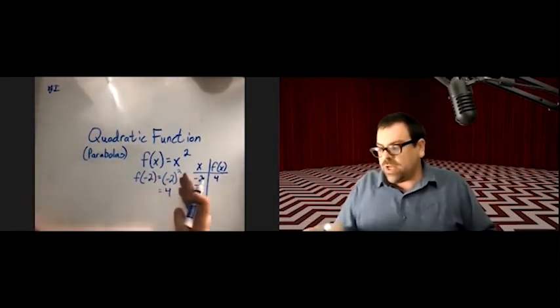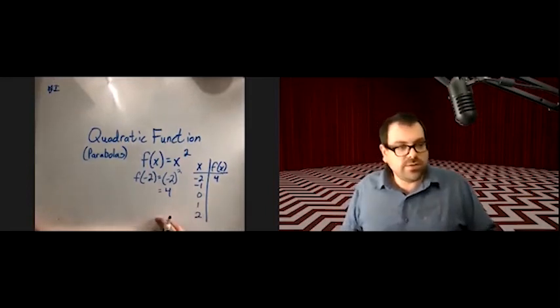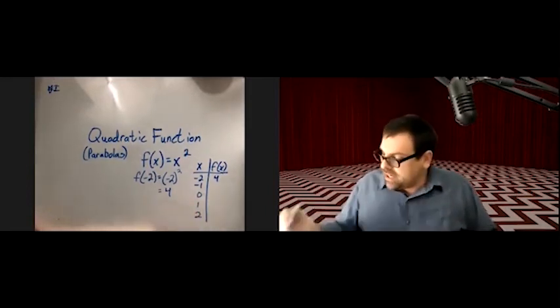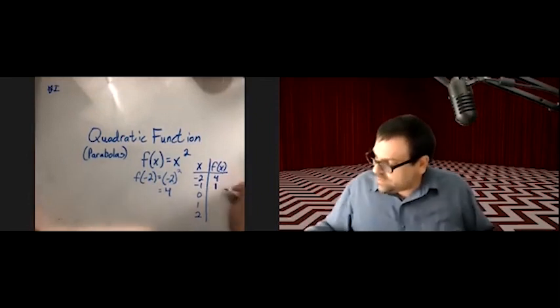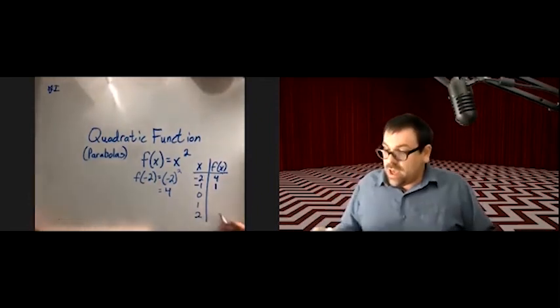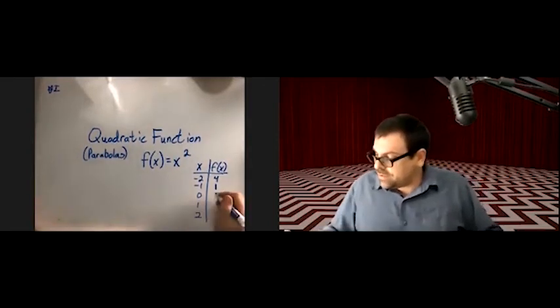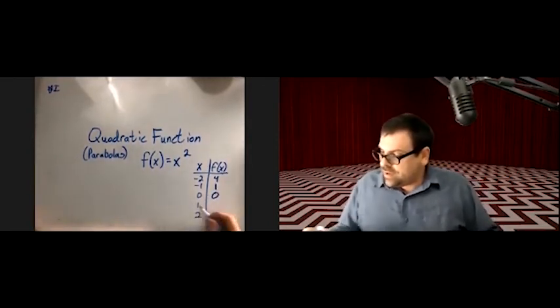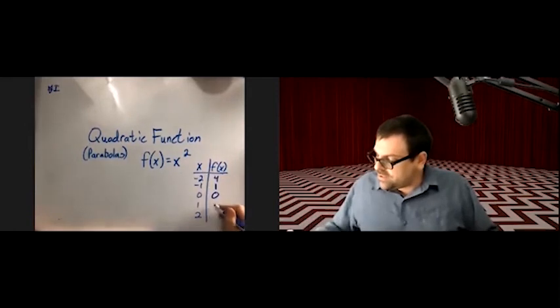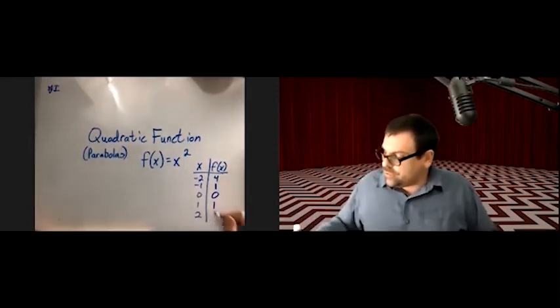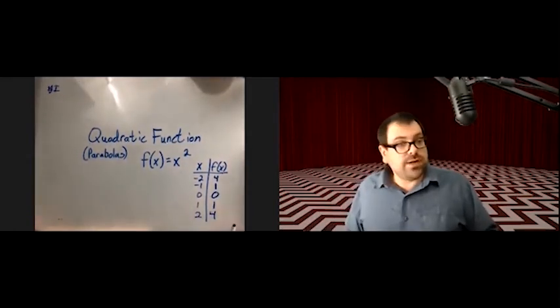F of negative 1 would be negative 1 squared. Negative 1 times negative 1, positive 1. F of 0 would be 0 squared. F of 1 would be 1 squared. F of 2 would be 2 squared.